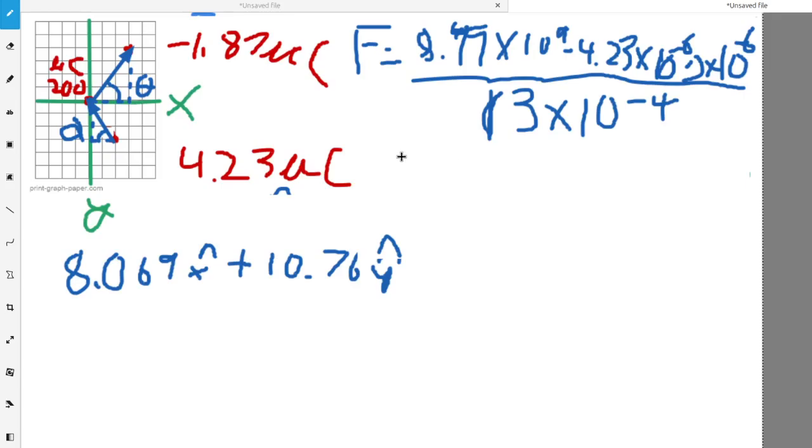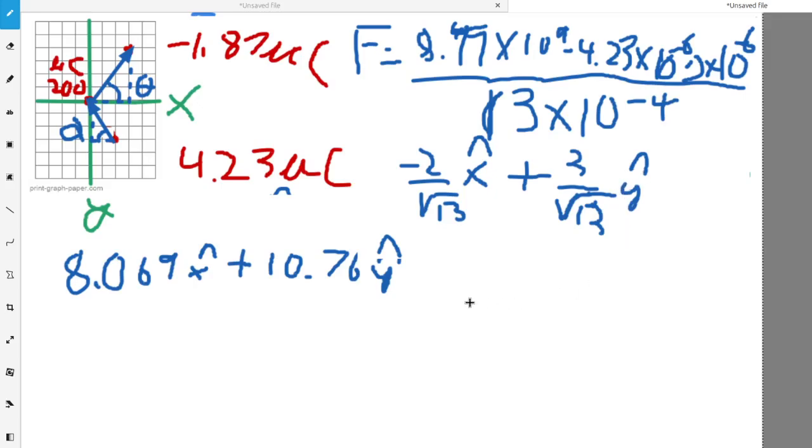Now, we're going to multiply this by negative 2 over root 13 x hat plus 3 over root 13 y hat.